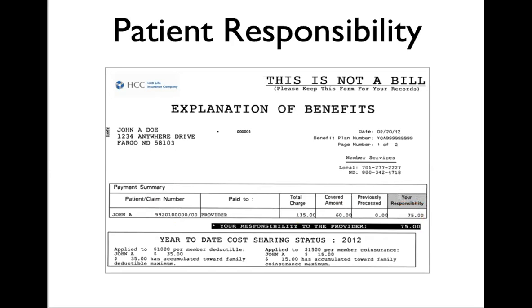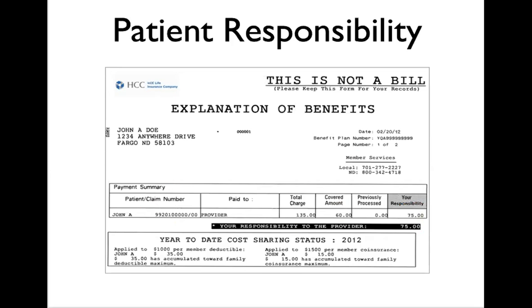One thing about deductibles is that when the claim gets to that payer, they're telling us what the patient has paid based on the claims that have been sent in. Sometimes patients will say, well, I've been to the doctor, I've already met my deductible.